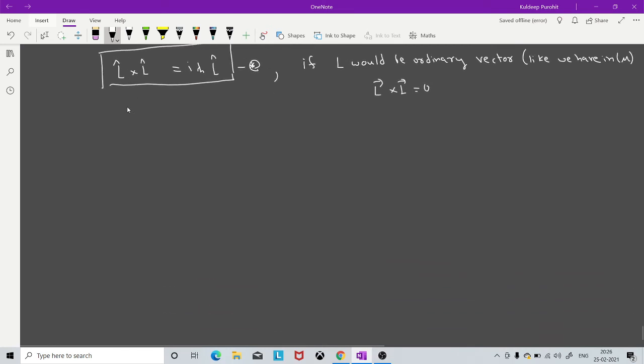Now you can see that Lx comma Ly is equal to iħ Lz. Similar are the results for the other commutation relations. So what it means is that Lx and Ly do not commute.